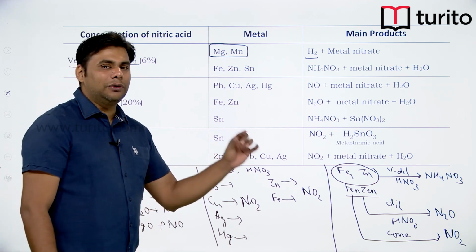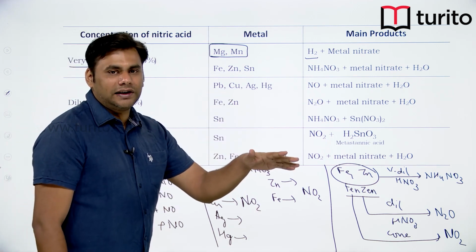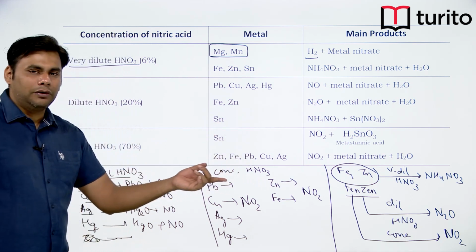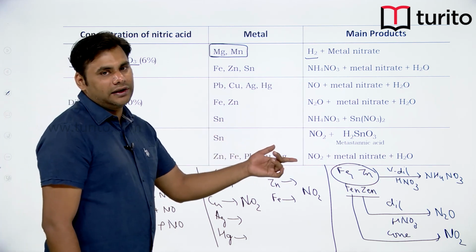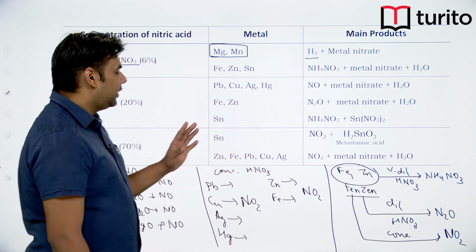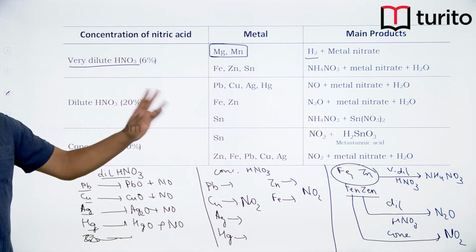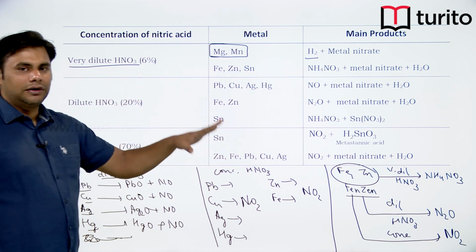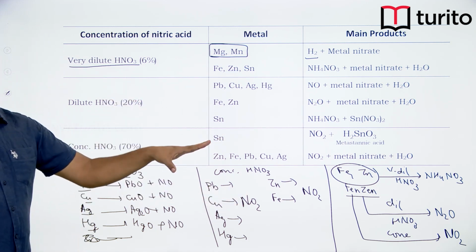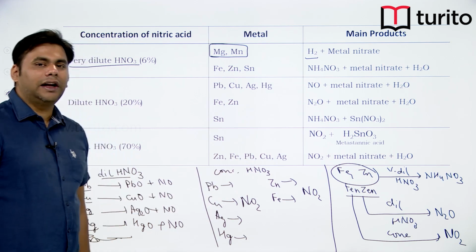In general, when dilute HNO3 oxidizes any compound it gets converted into NO, and concentrated HNO3 gives NO2, but only in the case of iron and zinc there is an exception: very dilute NH4NO3, dilute N2O and concentrated NO2.